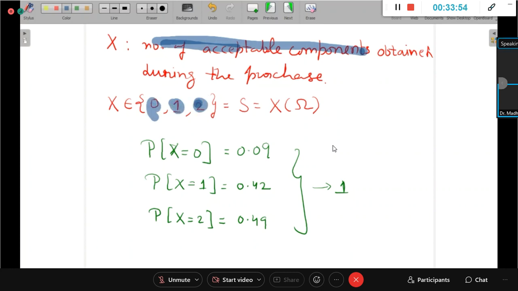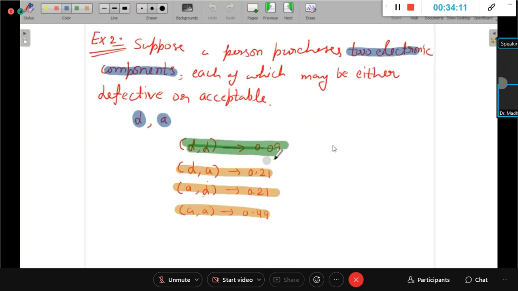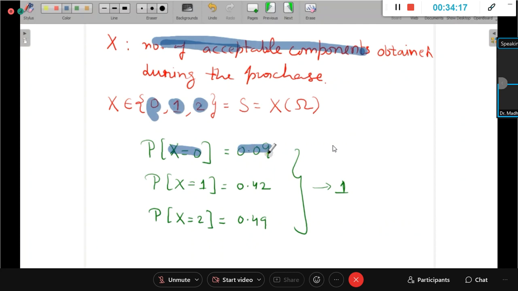So X can take either none acceptable, one acceptable, or at most 2. That is the only possible range space. Now X equals 0, if you follow that abuse of notation, means none of the components is acceptable. If you go back and check, none acceptable is assigned the probability 0.09.